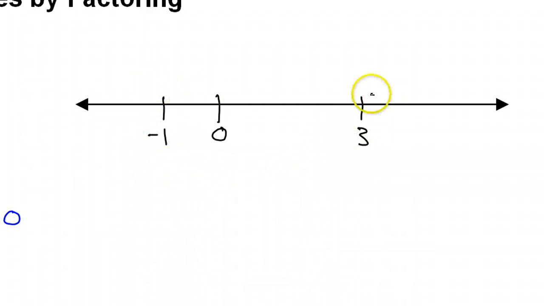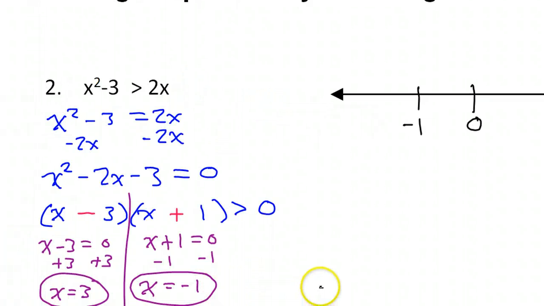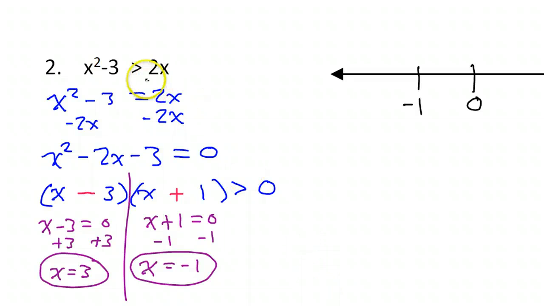Now these endpoints, are they going to be open circles or closed circles? They're going to be open circles because it's greater than.